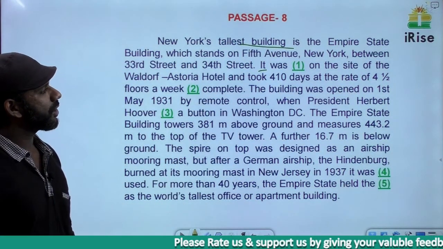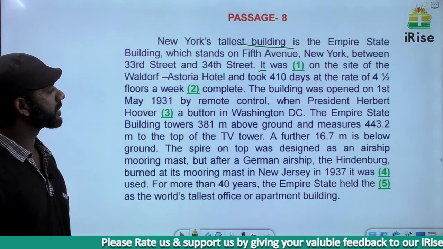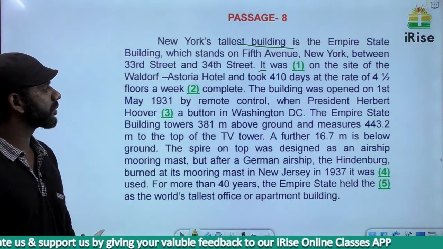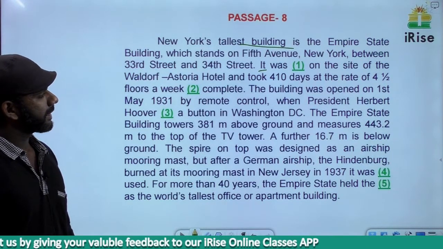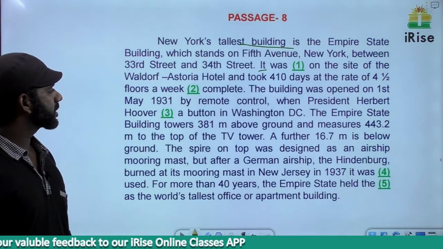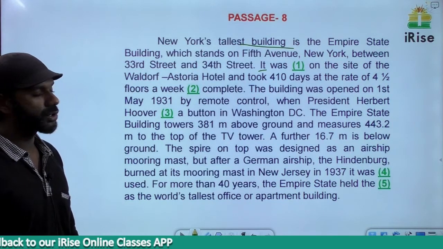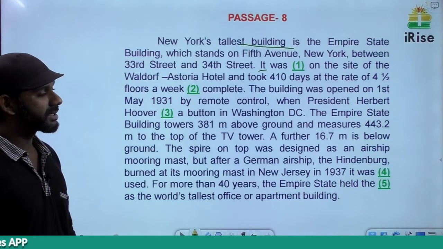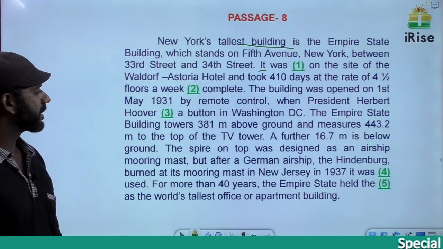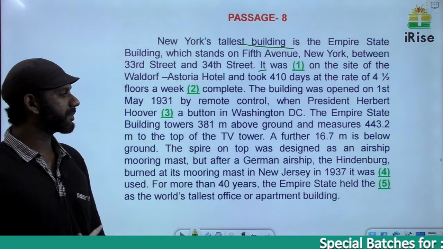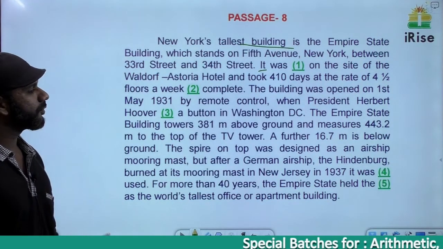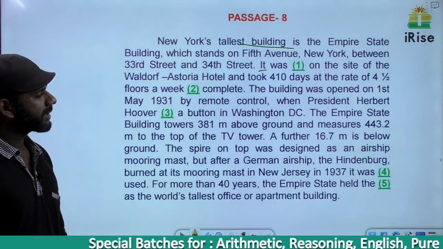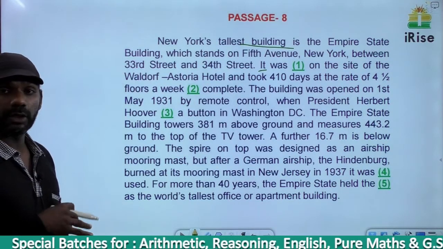It was dash on the site of the Waldorf Astoria Hotel and took 14 days at the rate of 4.5 floors a week dash complete. The building was opened on 1st May 1931 by remote control when President Herbert Hoover dashed a button in Washington, D.C. The Empire State Building towers 381 meters above ground and measures 443.2 meters to the top of the TV tower. A further 16.7 meters is below ground.